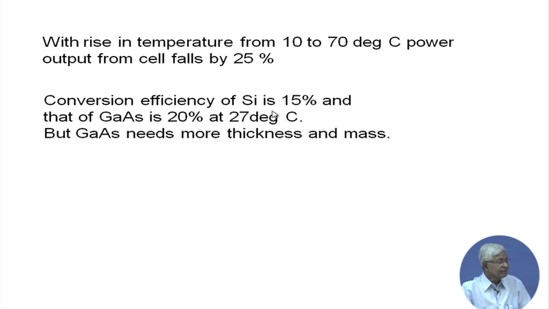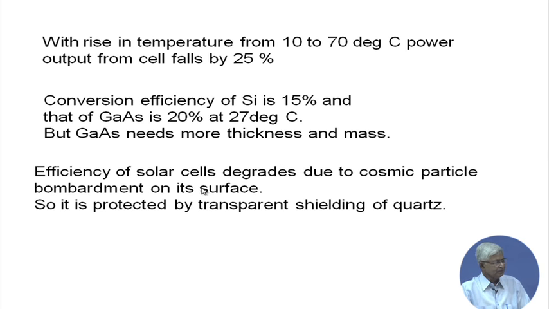Then the conversion efficiency is lower in silicon and higher in gallium arsenide at normal temperature, but gallium arsenide has more thickness and more mass. So, before selecting gallium arsenide, that compromise has to be seen, because weight is increasing, your fuel requirement for launching will be increasing, etc. So this is also another consideration for selection.